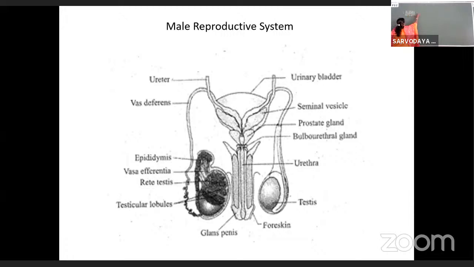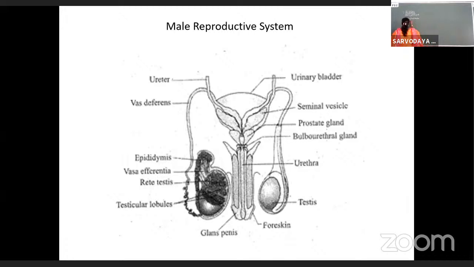Now, what is the name of these compartments? These are named testicular lobules. So, inside the testis, in a section, we observe 250 compartments called testicular lobules.